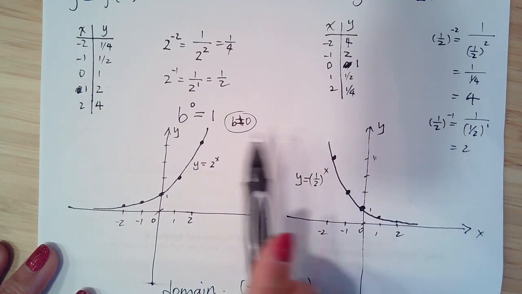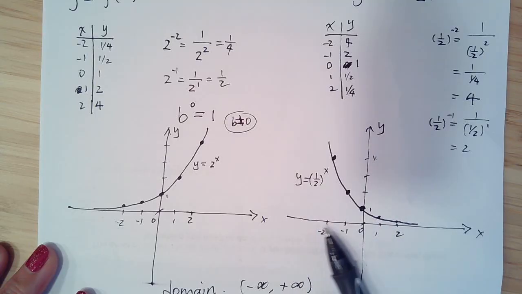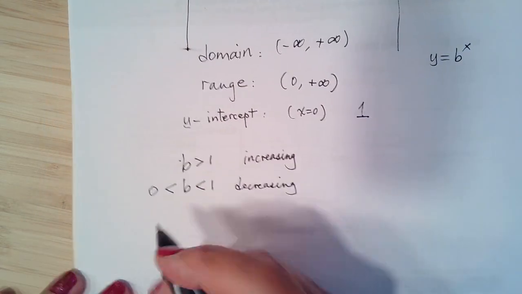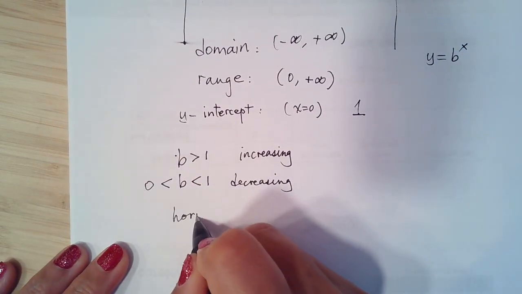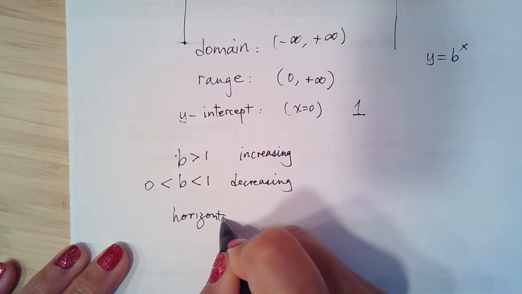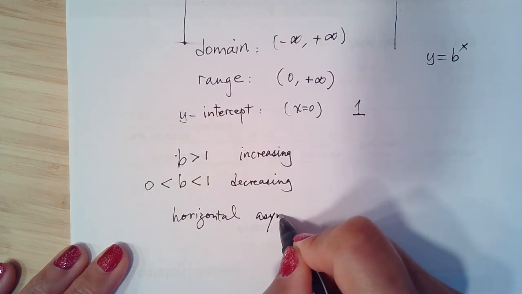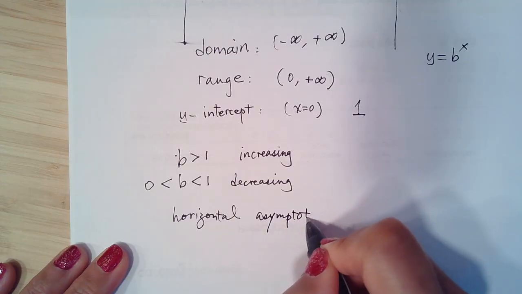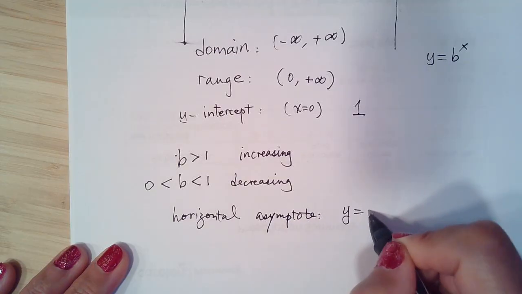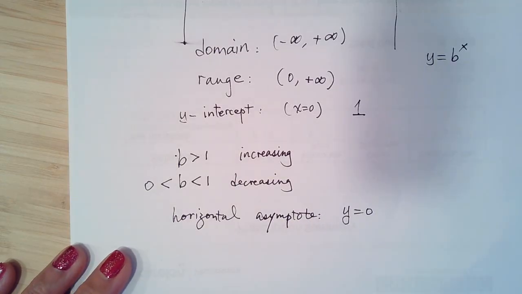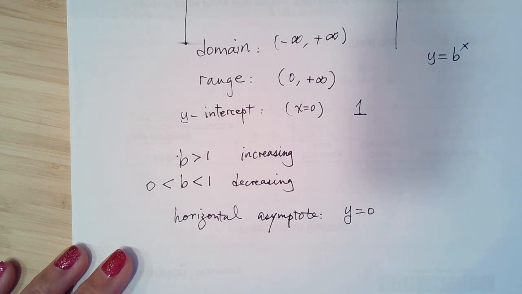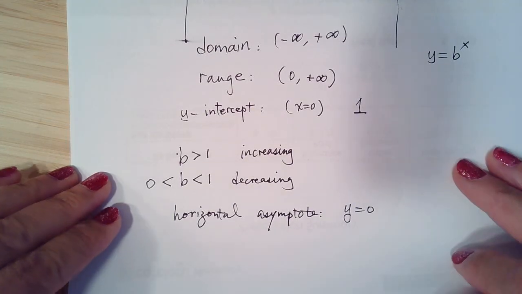There's no vertical asymptote, but there is a horizontal asymptote, which is y equals 0, which is just the x-axis. So far we learned a lot about this graph.